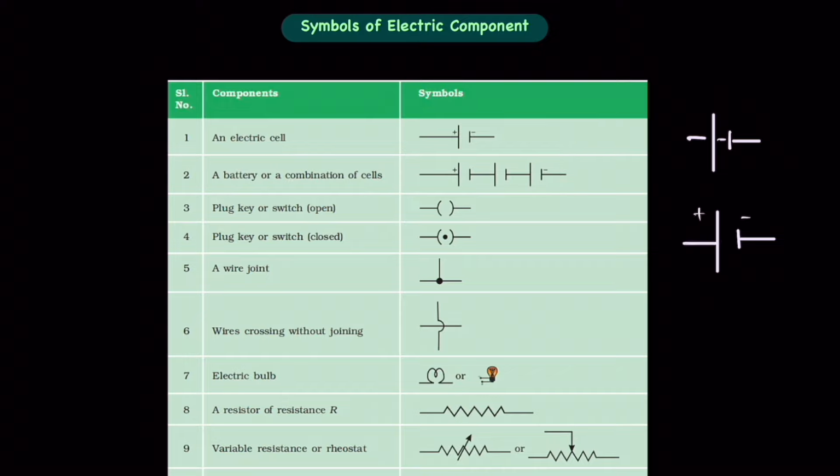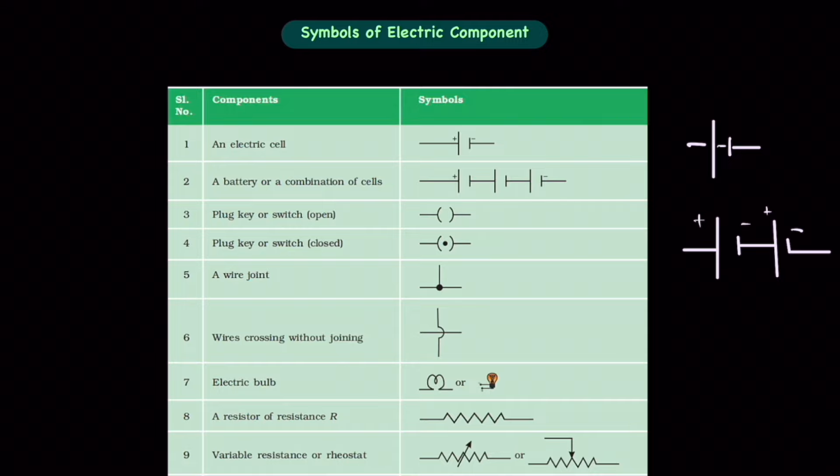If we have a two cell battery, then we continue it. This is one cell, and we follow like that. So how to remember? First plus, then minus, then again plus, and then minus. For a three cell battery: plus, minus, plus, minus, plus, minus. The combination of two or more cells is called a battery.